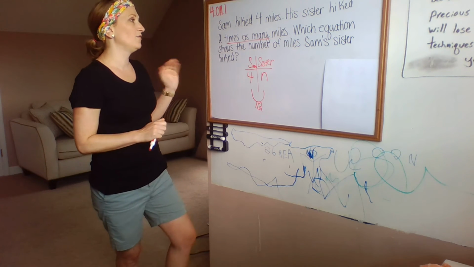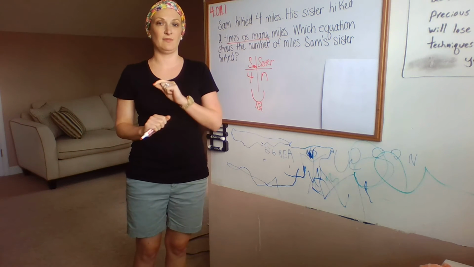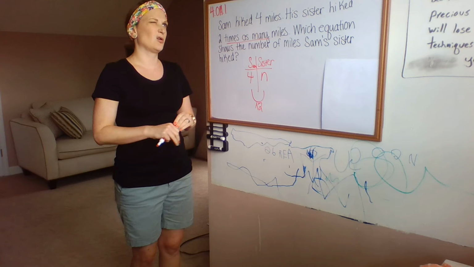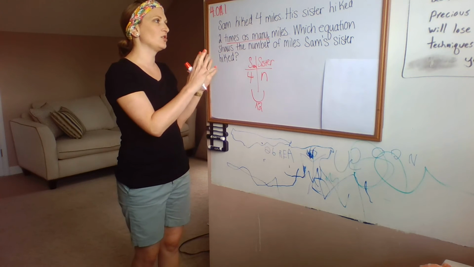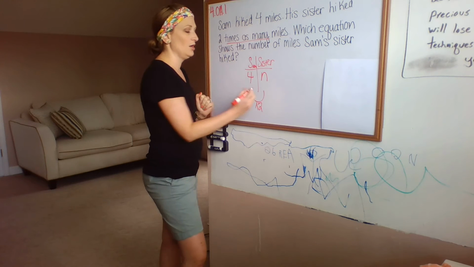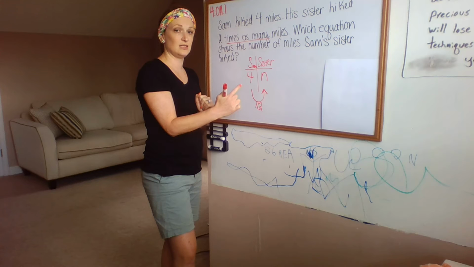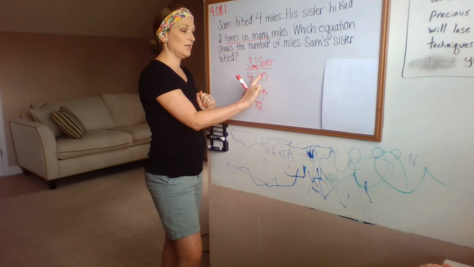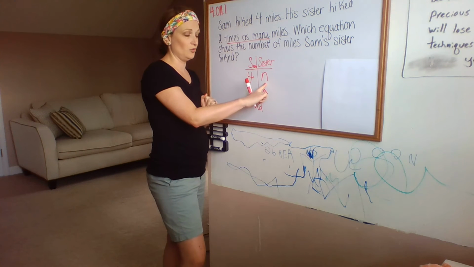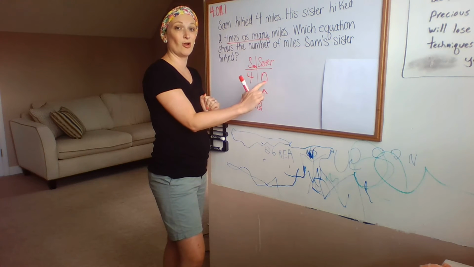So Sam hiked 4 miles. His sister hiked 2 times as many miles. Based on the way that's structured, it's the sister that has the bigger number. So we put an arrow to indicate the sister has the bigger amount. In order to get to n, our unknown, we need to multiply 4 by 2 to get the bigger number.